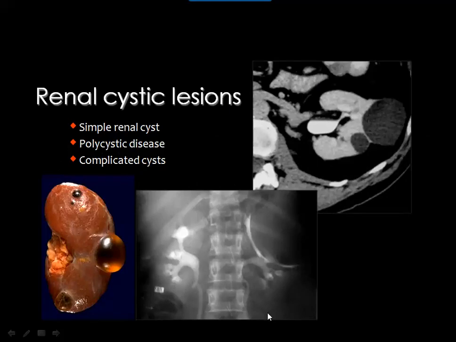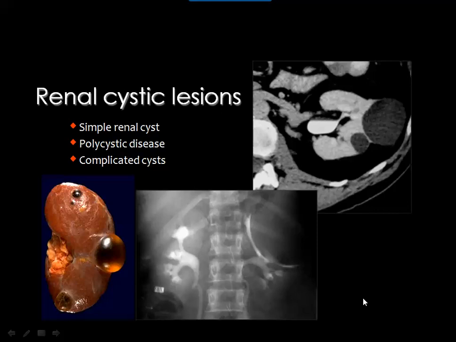Then we have only two lesions, the cystic one and the solid one. Renal cysts are considered under many topics: the simple renal cyst, the Bosniak classification, the polycystic disease, and the complicated cysts. A simple renal cyst is a very common incidental finding on imaging, on ultrasound, on CT, and previously on IVU.